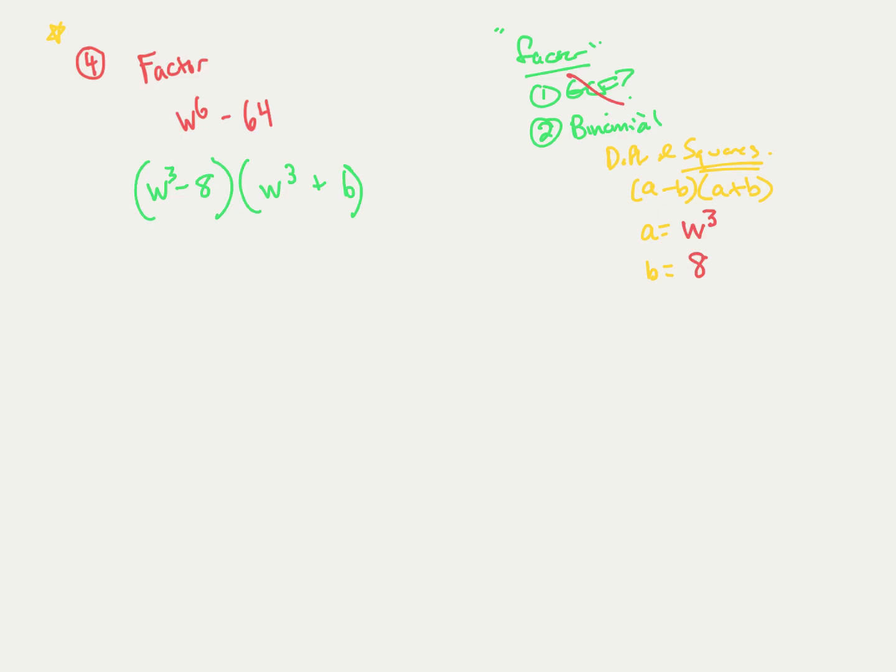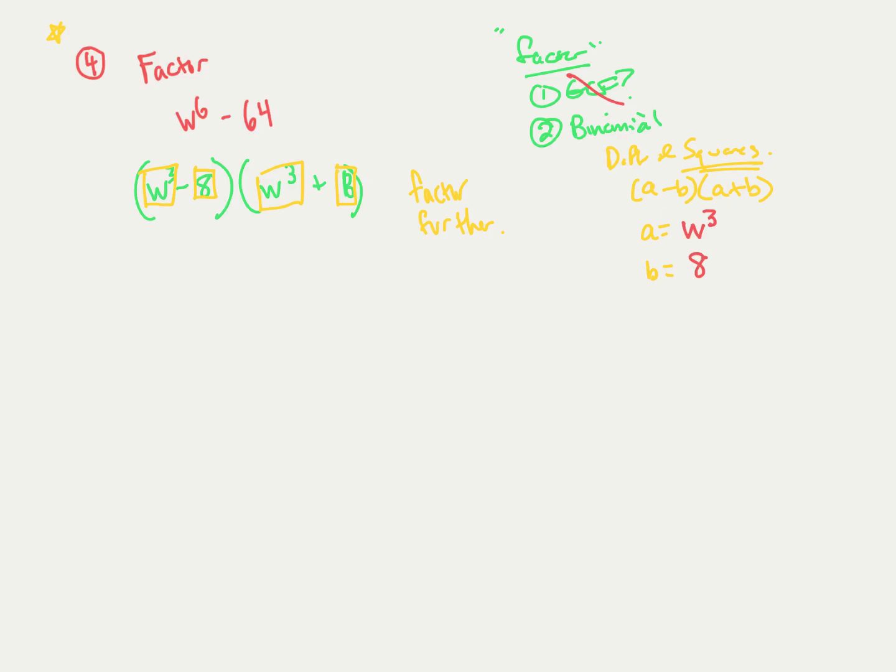Okay, and then here's where some things get unusual, because on some of these we can factor further. So we've got w cubed minus 8, which w cubed is a cube. 8 is also on our cubes list. W cubed plus 8. So we've got difference of cubes in the left parentheses.